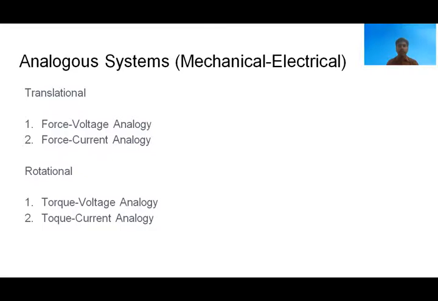If the mechanical system is rotational, then the electrical analogy of mechanical rotational systems is categorized into torque voltage analogy and torque current analogy. If it is force voltage analogy, the input of the electrical system is voltage and the response is current. For the force current analogy, the input of the electrical system is current and the response is voltage.